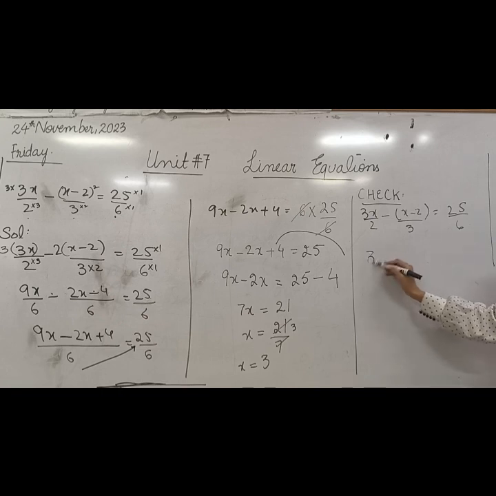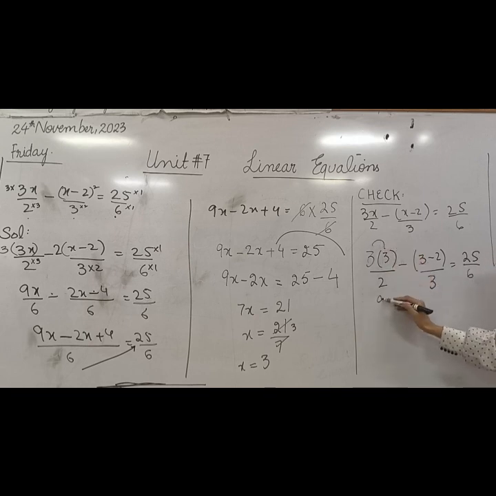Let's see. The value of x is 3, so 3 times 3 over 2 minus 3 minus 2 over 3 is equal to 25 over 6. 9 by 2 minus 1 by 3. We will make the denominators the same.